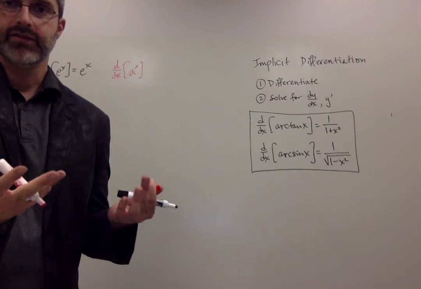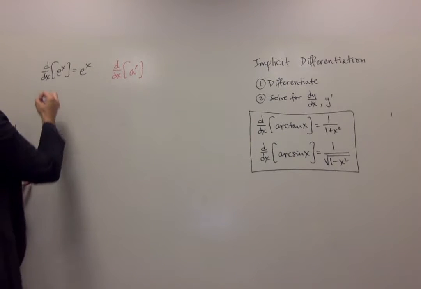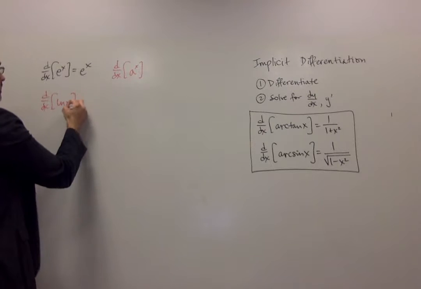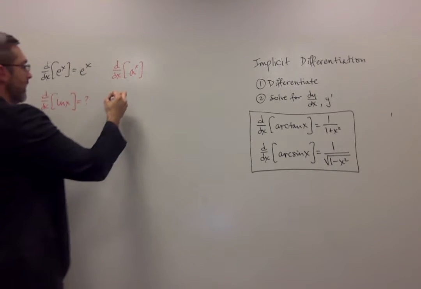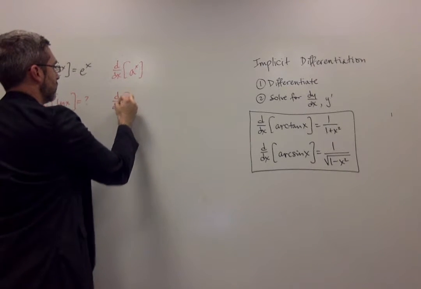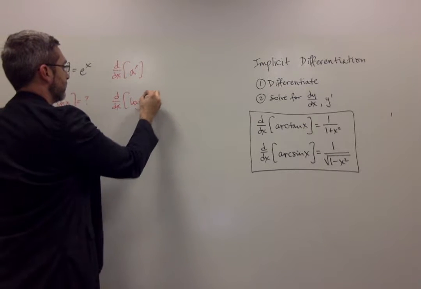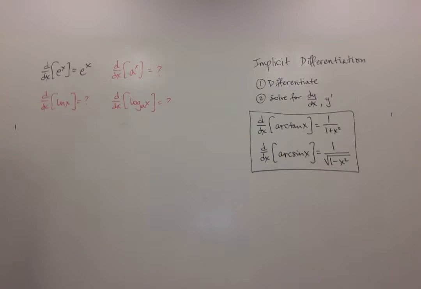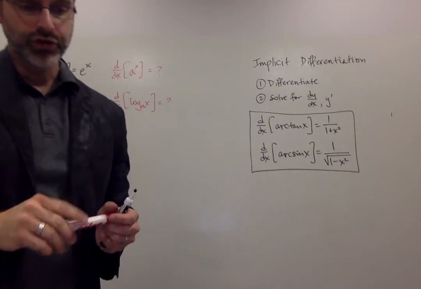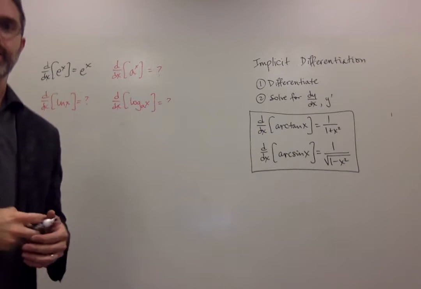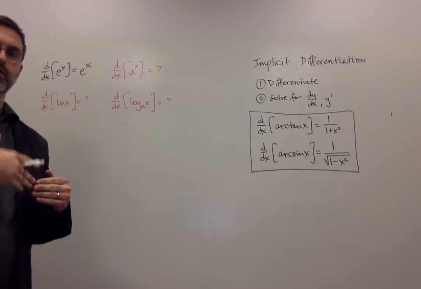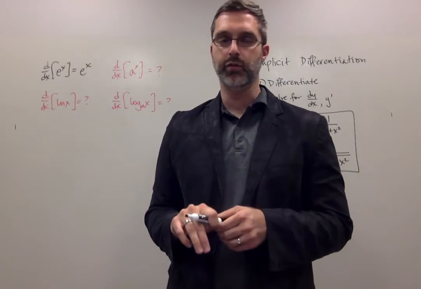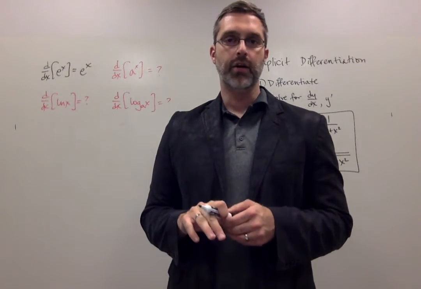We don't know how to differentiate the natural log. And we don't know how to differentiate a more general log. Okay, so we're going to do 2 of these today, and then I'll save one more for Thursday, and then we'll explore derivatives with logs a little bit more on Thursday after the quiz.